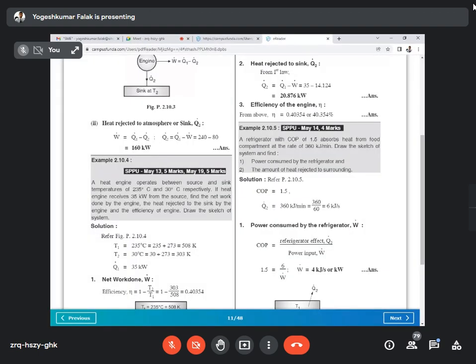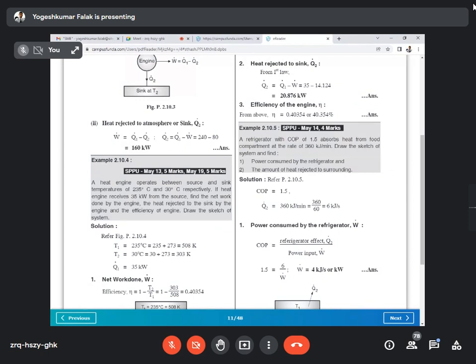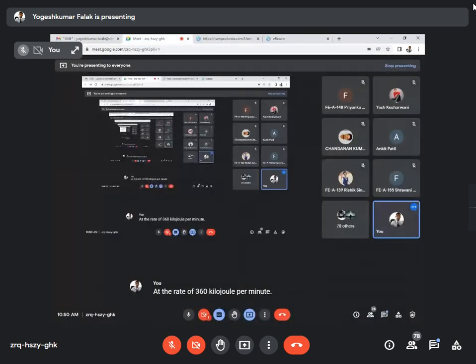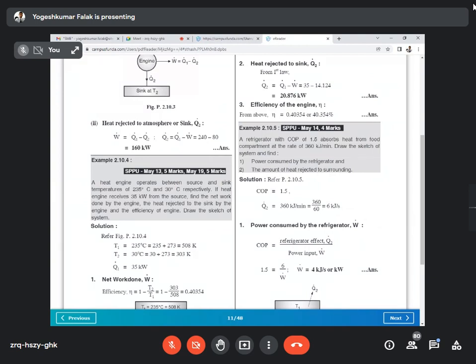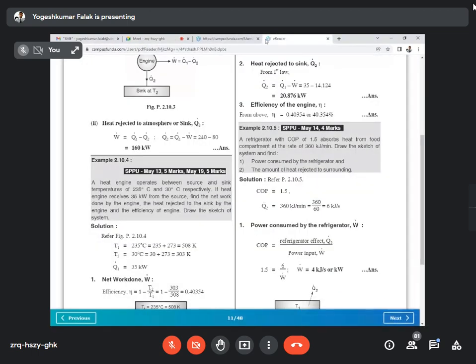A refrigerator with COP of 1.5 absorbs heat from food compartment at the rate of 360 kilojoule per minute. Draw the sketch of the system.